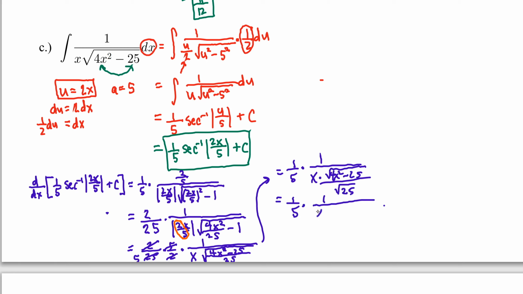Almost there. Square root of 25 is 5. Notice we are dividing by 5 there. I'm going to multiply by 5 over 5. It's going to cancel this 5 here. Notice those 5s would also cancel. And there we have our original integrand: 1 over x times the square root of 4x squared minus 25.